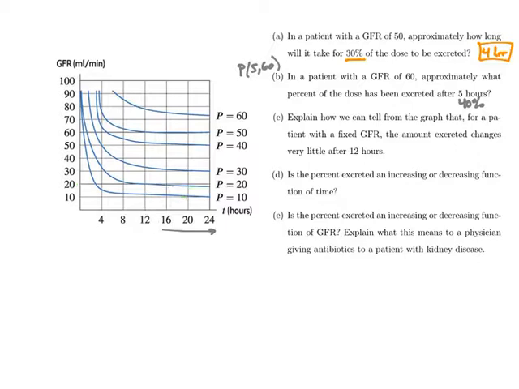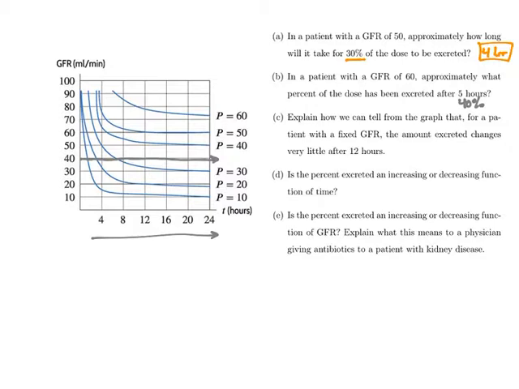All right, and then some final questions. Is the percent excreted an increasing or decreasing function of time? As we go from left to right in time, what is happening to the values of P? Let's just pick one of these cross sections.